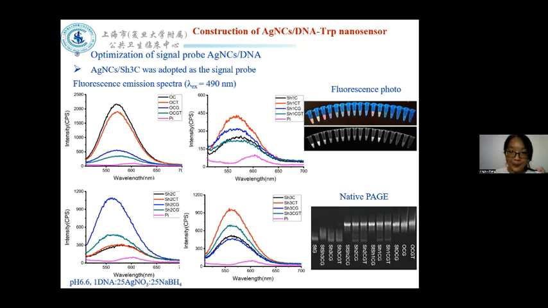So SH3C with reduced hybridization doesn't affect its fluorescence properties.